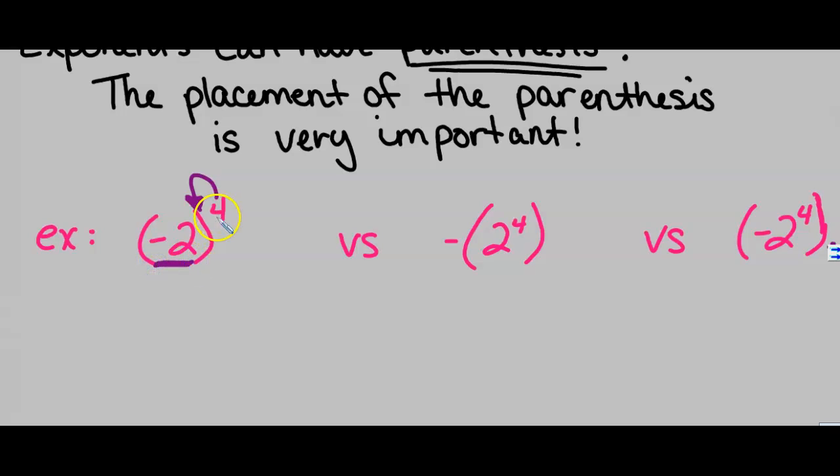So there are 4 negative 2's, because negative 2 is the entire thing that's in the parentheses. So we're going to write negative 2 4 times. An exponent tells us how many. There are 4 of them. And now we're going to multiply them all together.